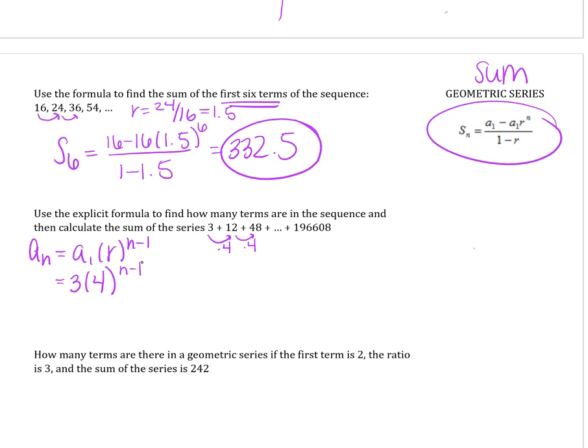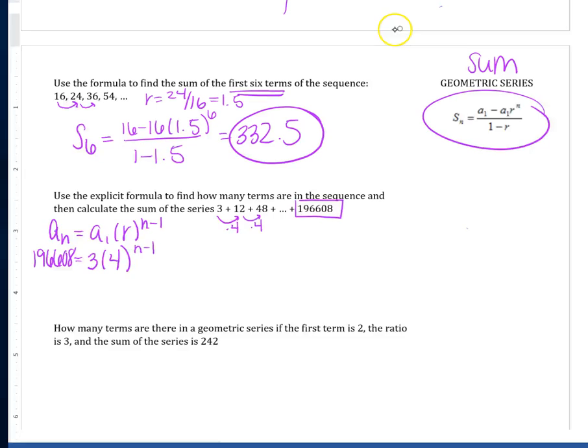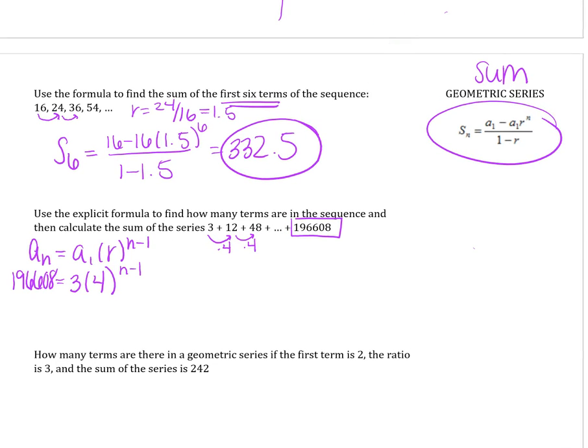I don't know how many terms there are in the sequence, but I do know that the nth term is 196,608. So now I have to solve for n. Okay, so like we did in Unit 7, first thing we should do is divide everything by 3.